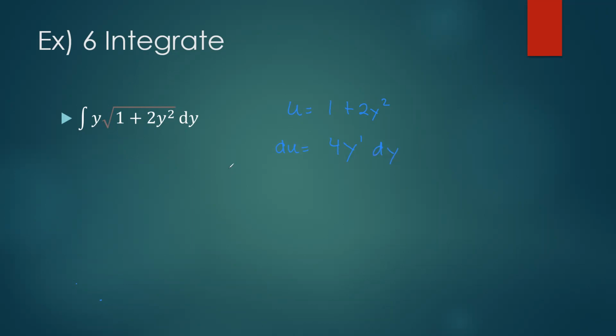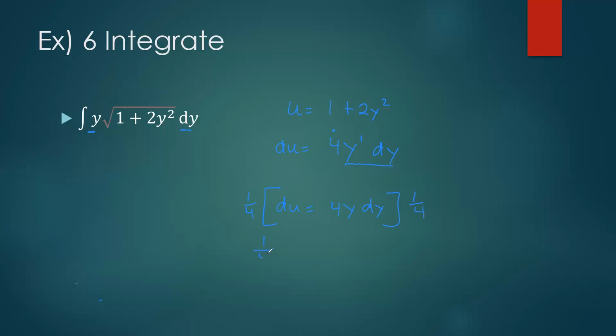And is there anything we don't need? We don't need this 4, right? Because we have a y and a dy, right? So these two are good. I just have to get rid of this 4. So to get rid of this 4, I'm going to multiply both sides by the reciprocal of 4, which is 1/4.